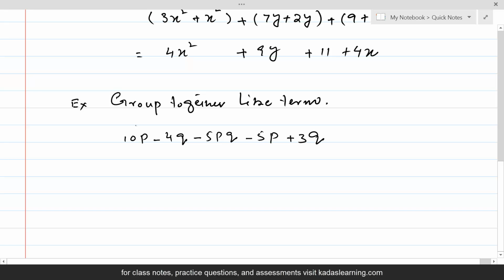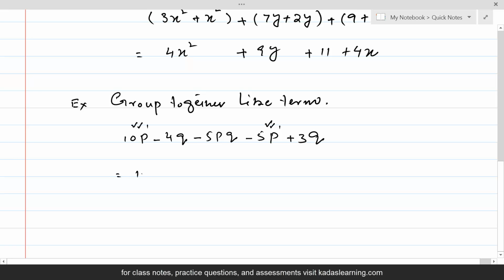Here 10p is a term. Is there another term like this? Yes, there is a term like minus 5p, because both have the variable p and both have the power 1. That's why they are like terms and we can group them together.